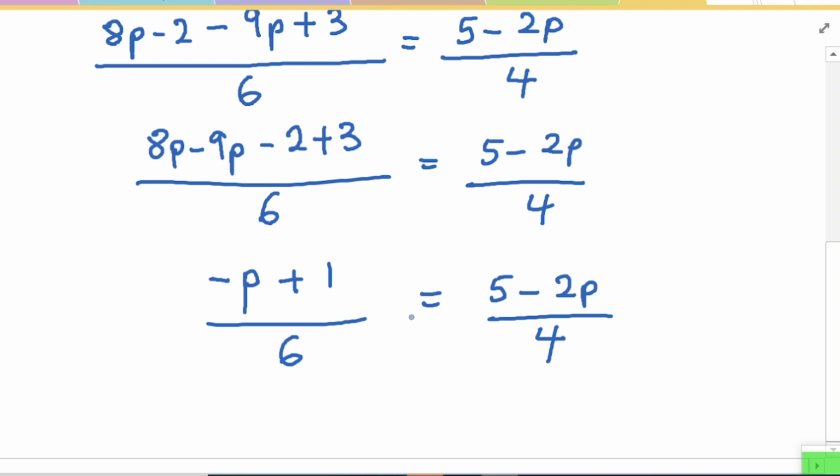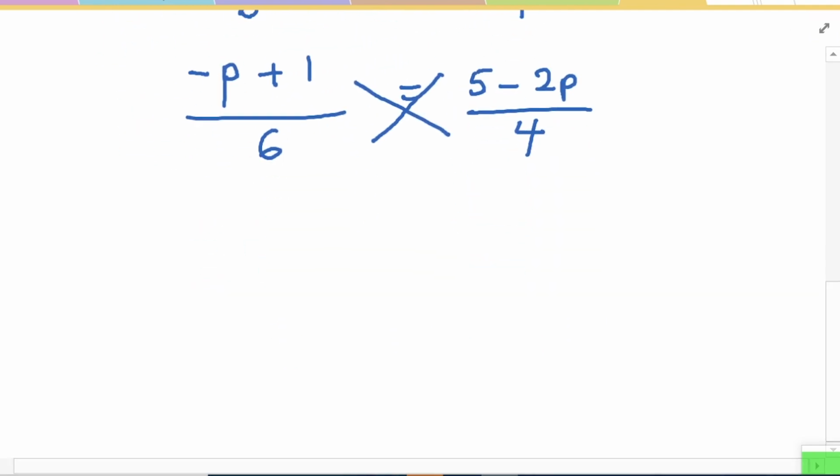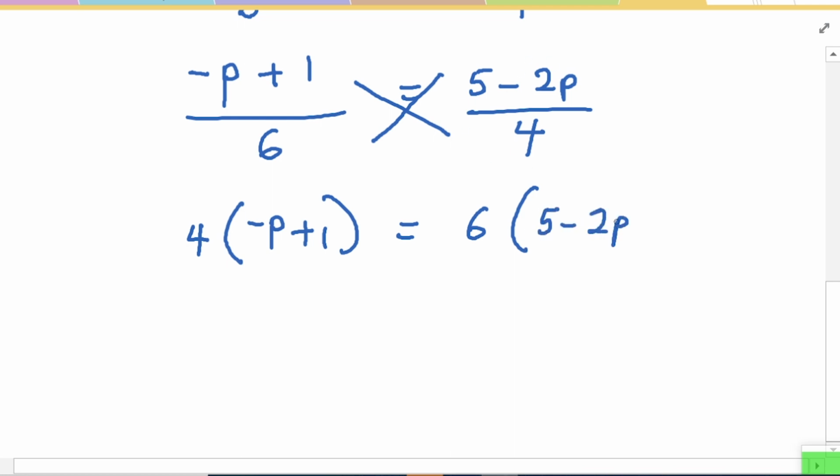Well, let's cross multiply to make it a flat equation. When we cross multiply, what we have here is 4 outside the brackets, 4 times negative p plus 1. That is what we are having along the diagonal. Then along this diagonal, this is going to be equal to 6 multiplied by 5 minus 2p.